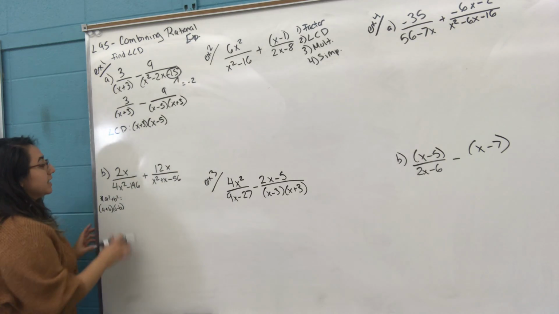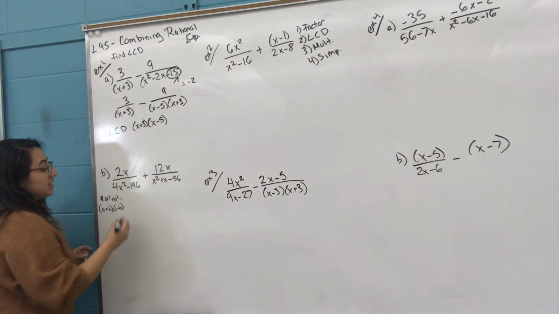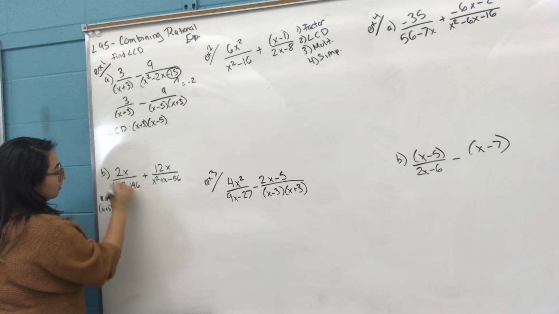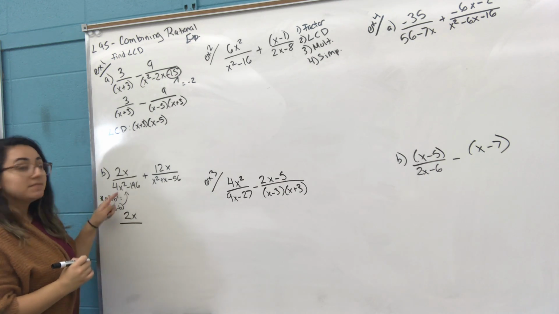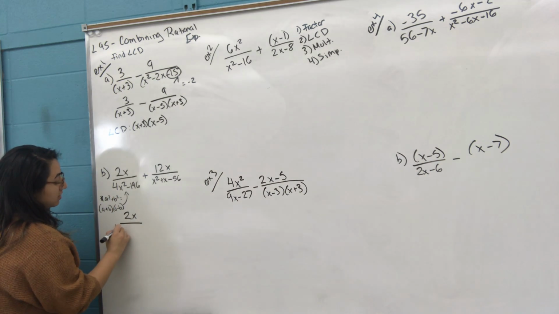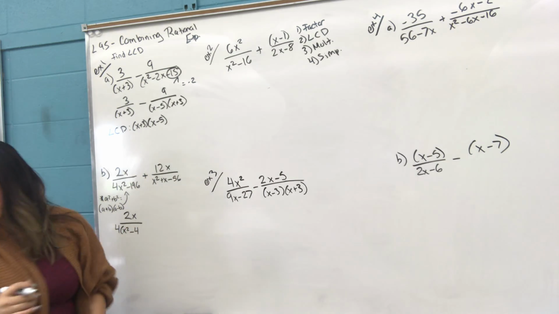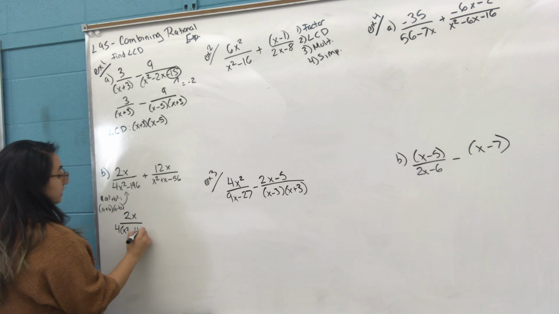Next one, here we have this expression. We go ahead and simplify it. If you notice here, for this denominator, I'm going to go ahead and simplify it. So 2x over, it looks like 4 can be factored out. So I factor out a 4, I get x squared minus 49, I believe. Yep, minus 49.